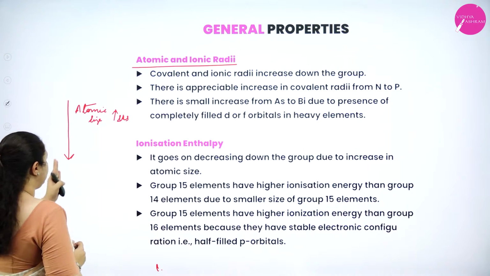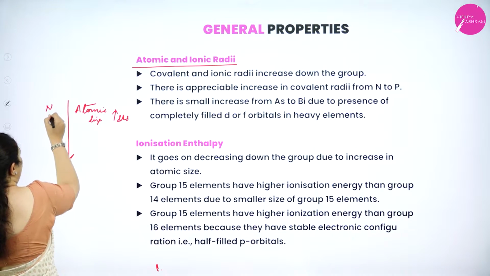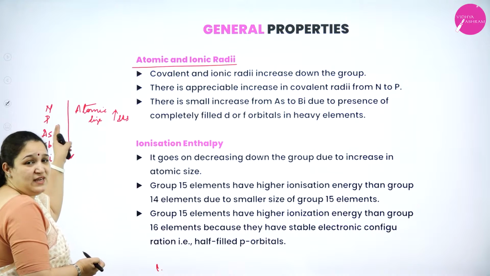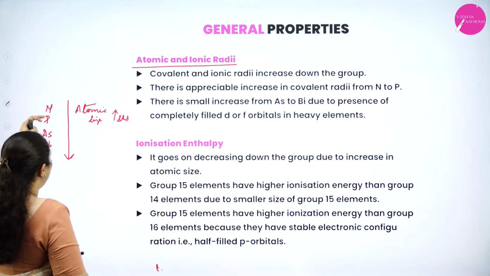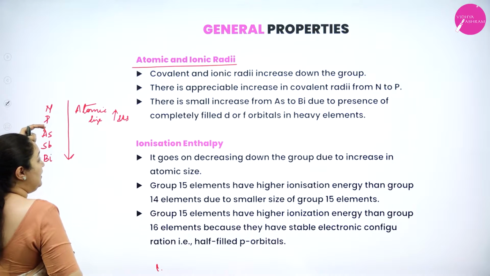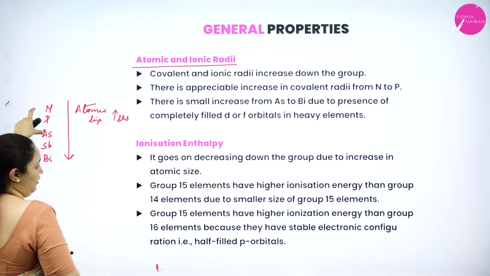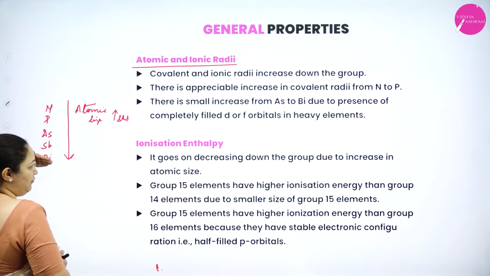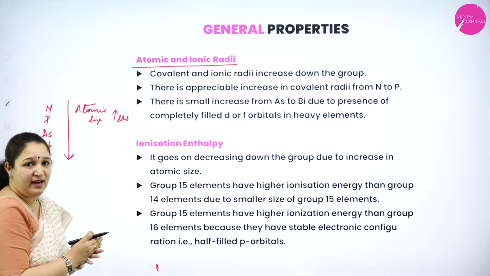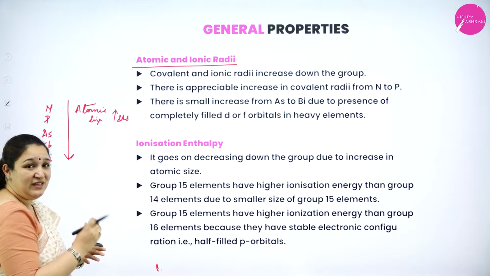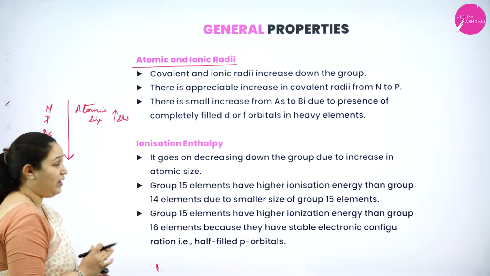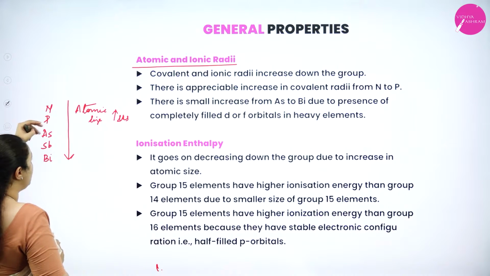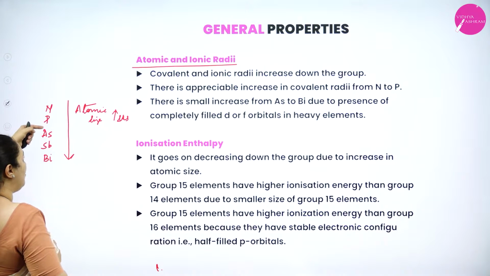From nitrogen to phosphorus there is a large increase in covalent or ionic radii, but from arsenic, antimony and bismuth the increase is small.